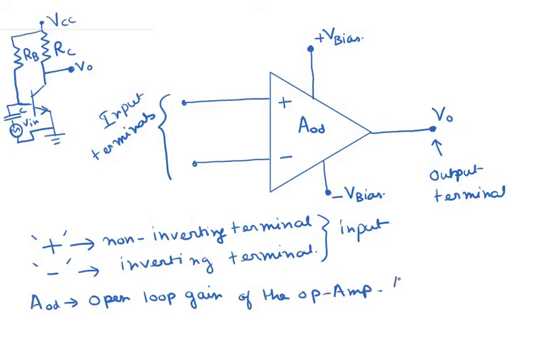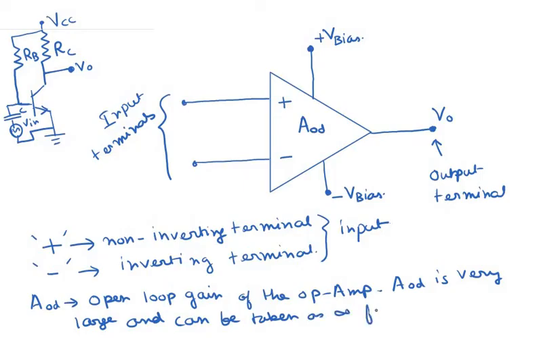So AOD is very large and can be taken as infinity for mathematical derivations. Right now, just know these things. We would discuss how to derive mathematical equations and why this point is useful, that AOD is large and can be taken as infinity for mathematical derivations.